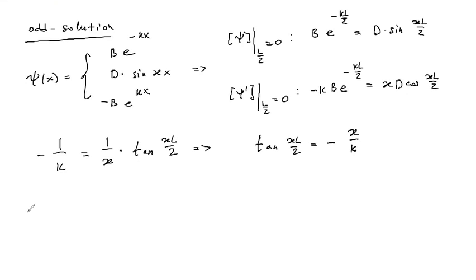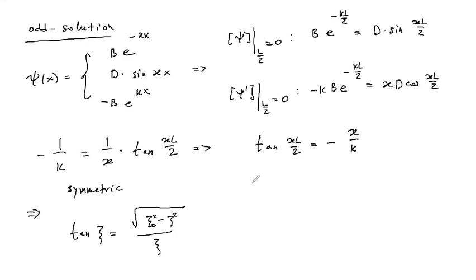So then let me conclude. I have symmetric and anti-symmetric. Symmetric: I have tangent of some parameter xi equals square root xi naught square minus xi square over xi.